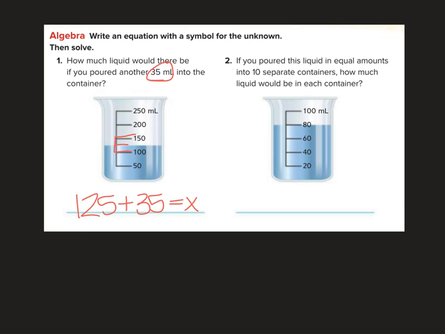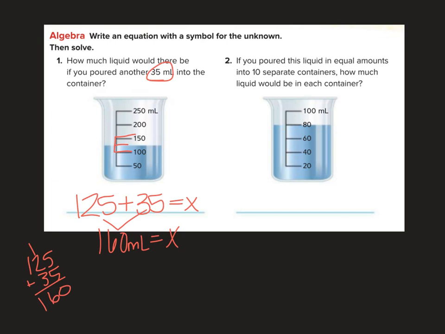Okay, so if I'm going to add these together, 125 plus 35 is 160. So X is equal to 160 milliliters. Don't forget your label, right? Because it could be 160 eyeballs or 160 zombies. We don't know. We need that label in there so we know what we're talking about.